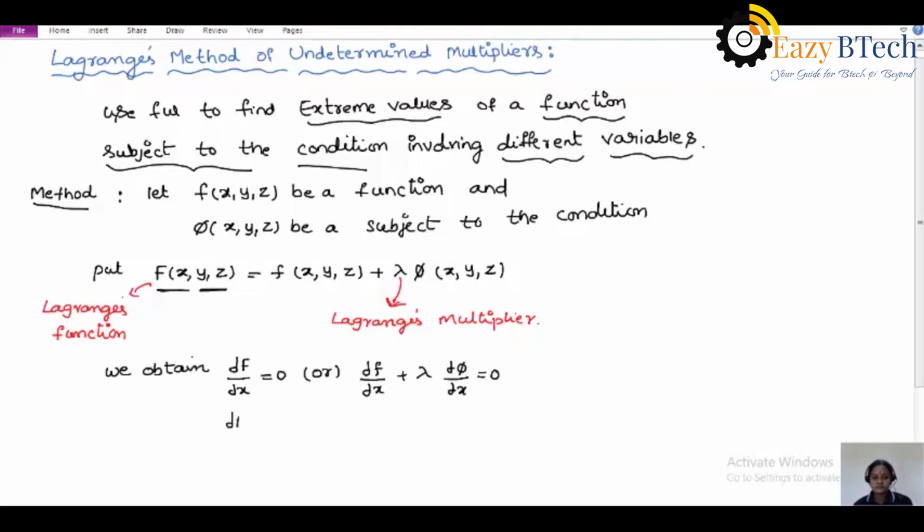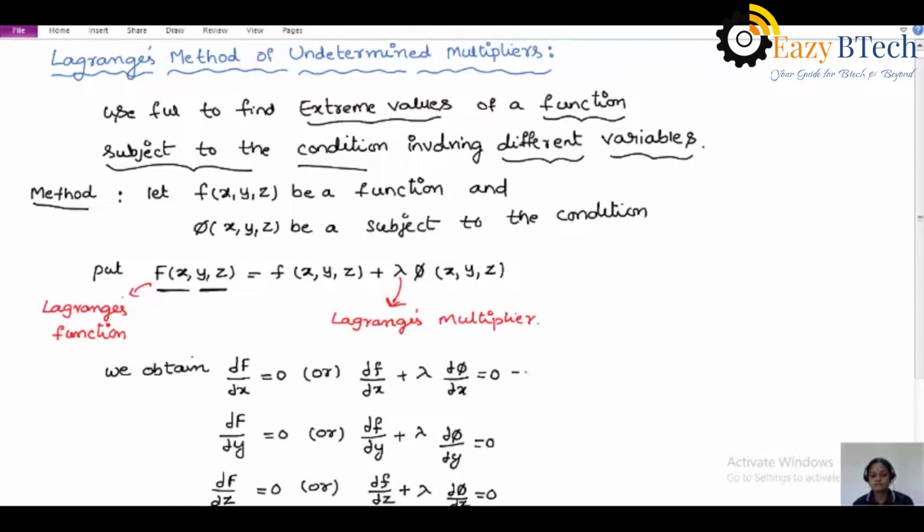And similarly dou f by dou y plus lambda dou phi by dou y is equal to 0. The last one, dou f by dou z plus lambda into dou phi by dou z is equal to 0. So these are equation 1, equation 2 and equation 3.